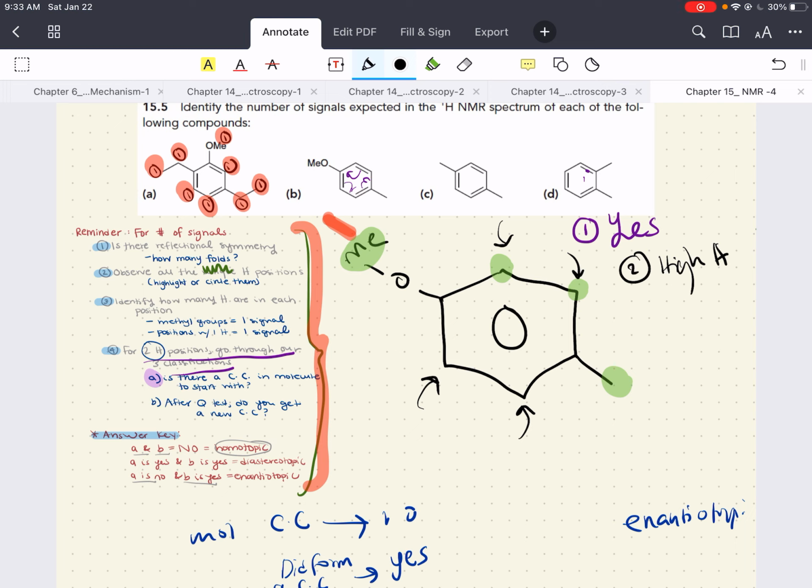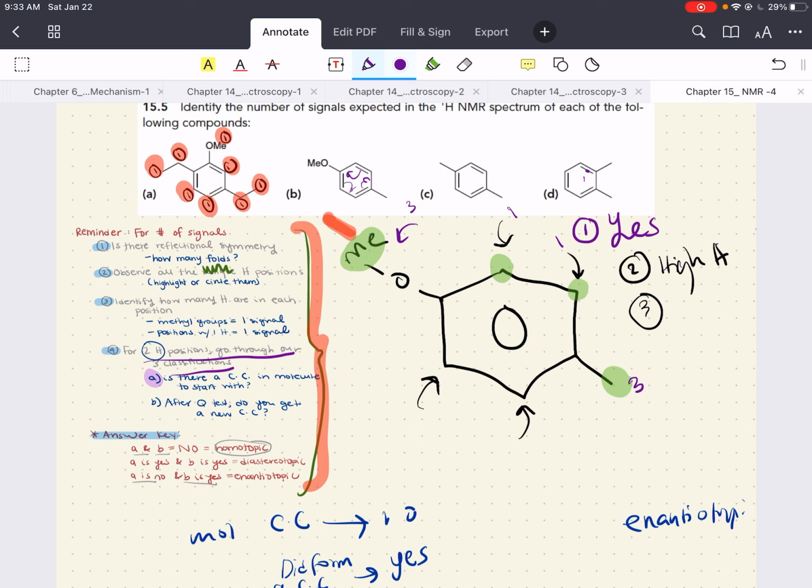Fantastic. Now our third step is to identify how many hydrogens are in each position. So there are 3 hydrogens in our methyl groups. There's just 1 hydrogen at each of these sites in the ring, and this is another methyl group, so it has 3 hydrogens.